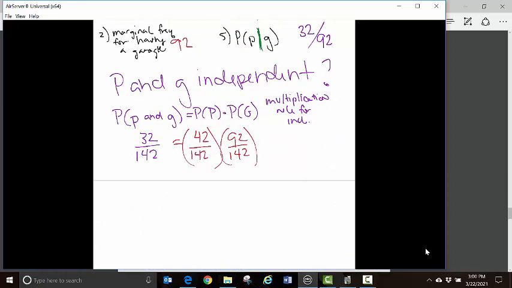If these are independent, they will match. 132 divided by 142 is 0.929, basically 93. This really rounds up to 0.93. And then the other one, and I have no idea how this is going to turn out because I made it up.